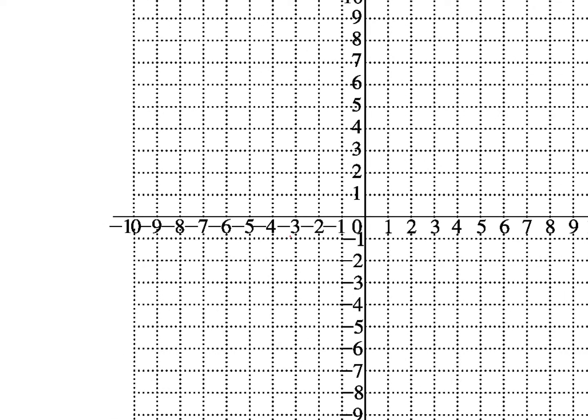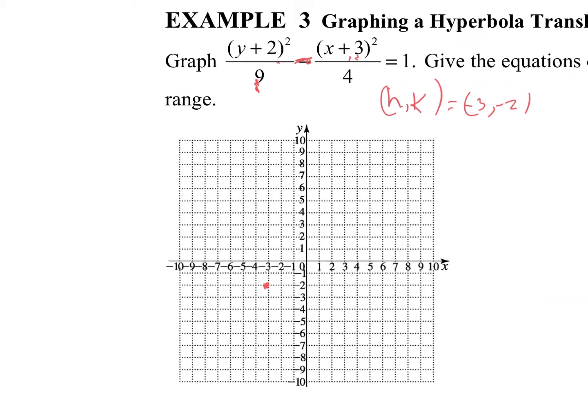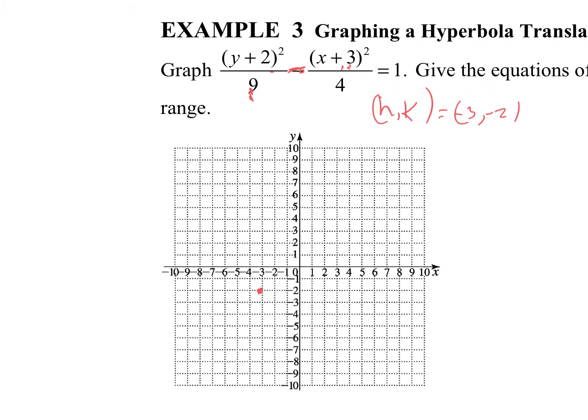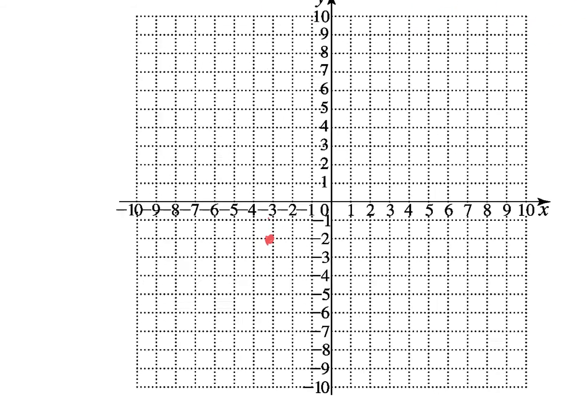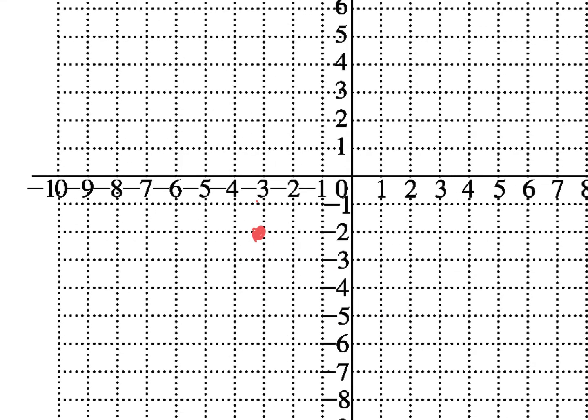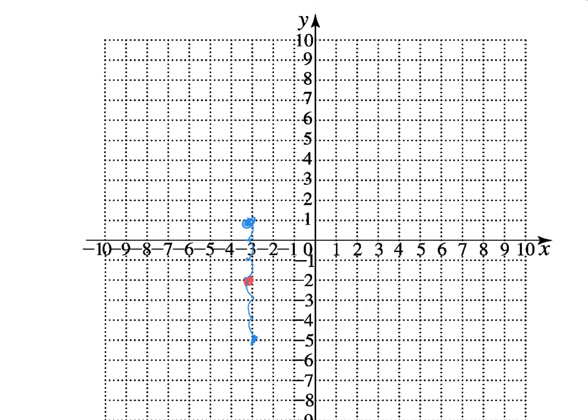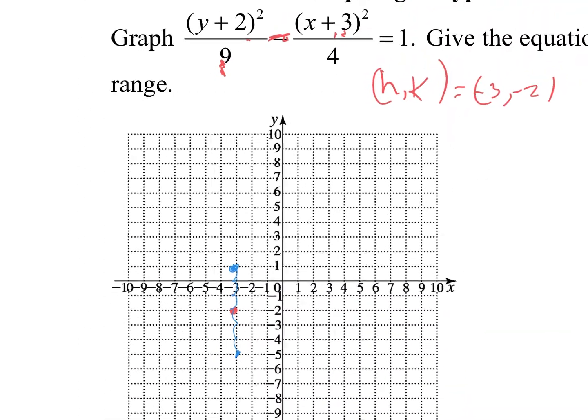Negative 3, negative 2. Now, pretend that is the same thing as 0, 0. If I need to go 3 on the y, from the center, I will count 1, 2, 3. And then for the other one was 2.